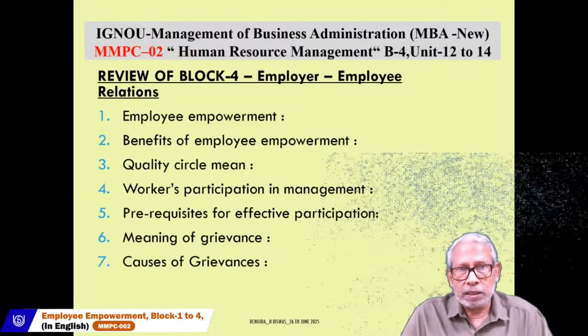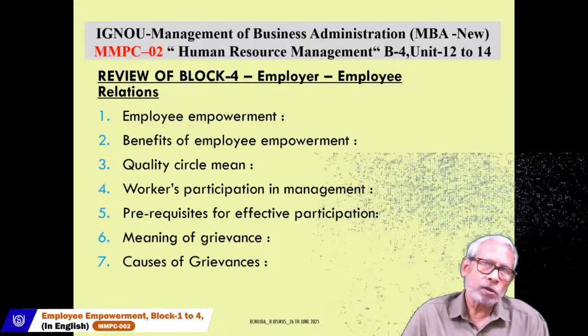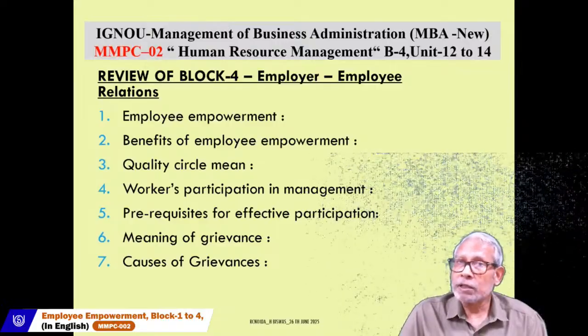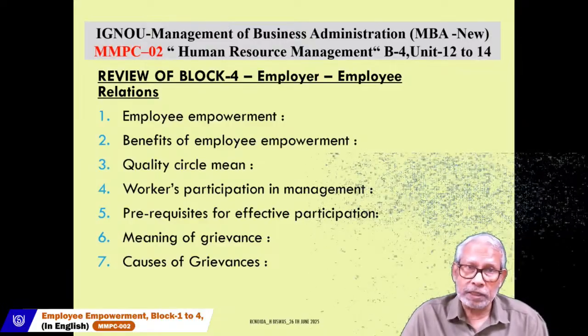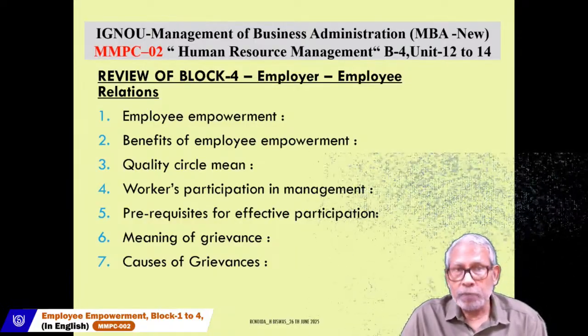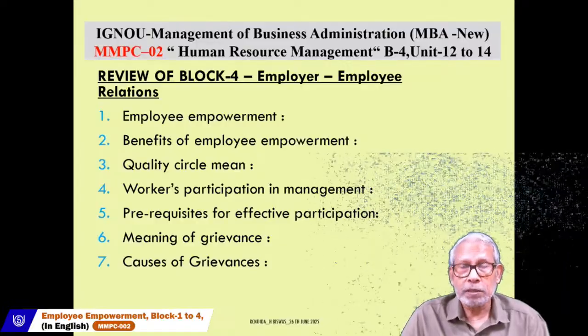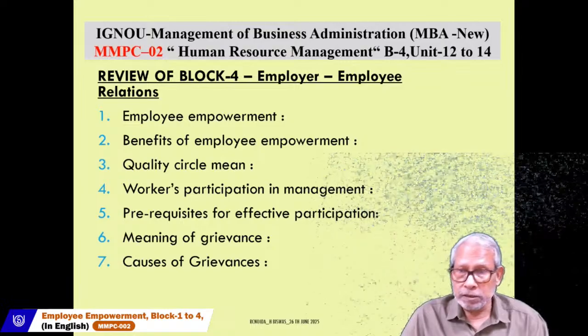And then finally, the last block, number 4, employee empowerment. Until we have empowered employees, we cannot get a good product in terms of quality. The employee should also feel happy when he is doing the job.